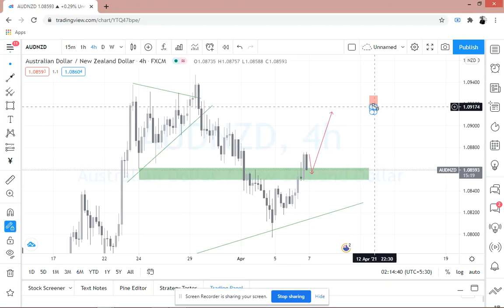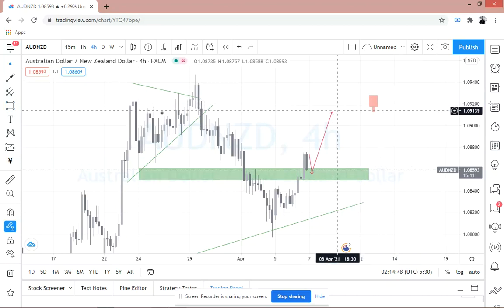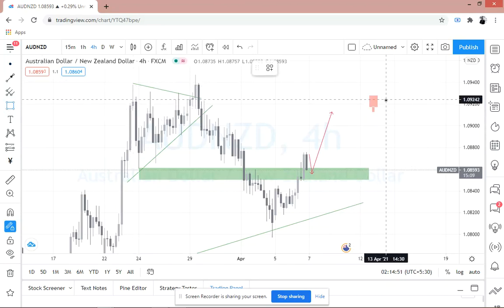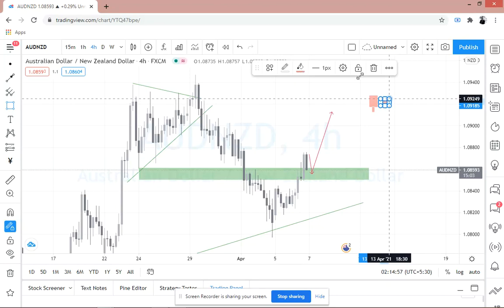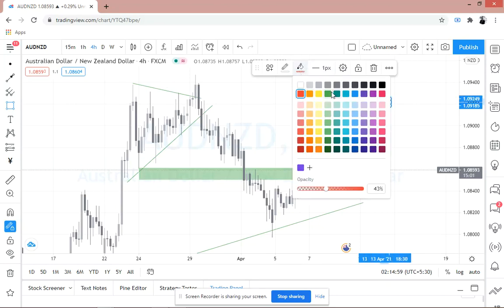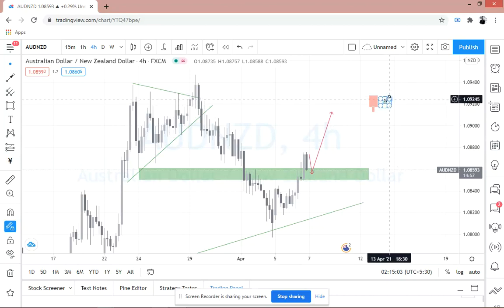Let's say this is a bullish candle with lower rejection and buyers start showing up. Maybe the candle was green, the next candle was green, and it closed as green.